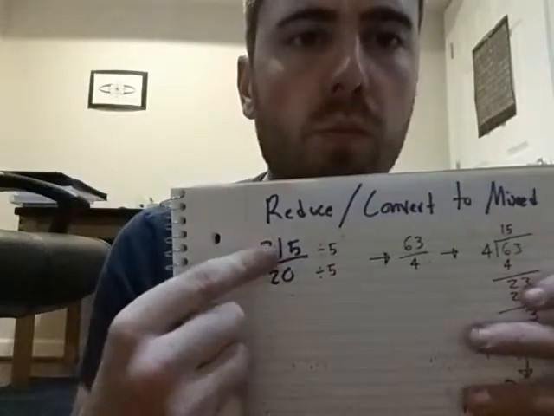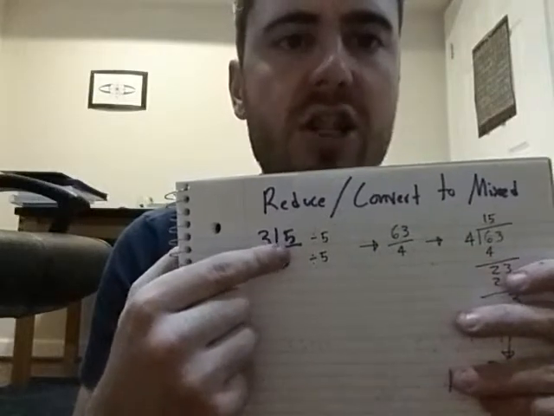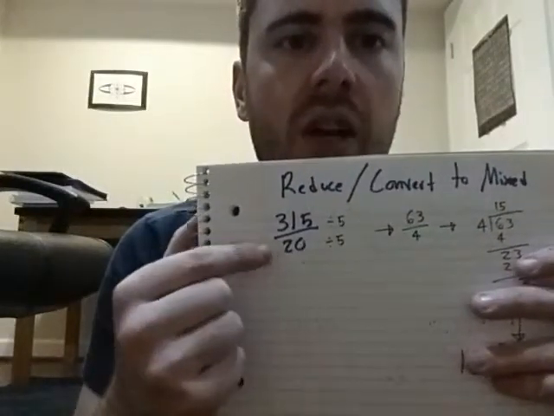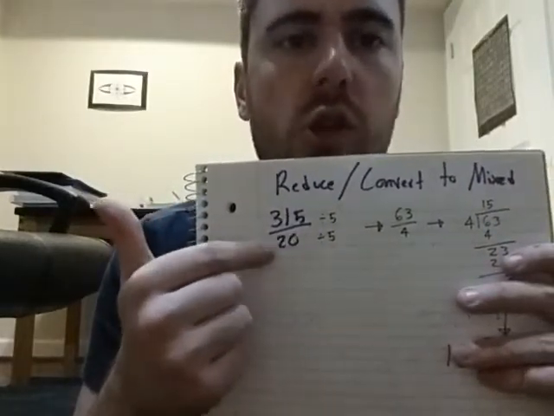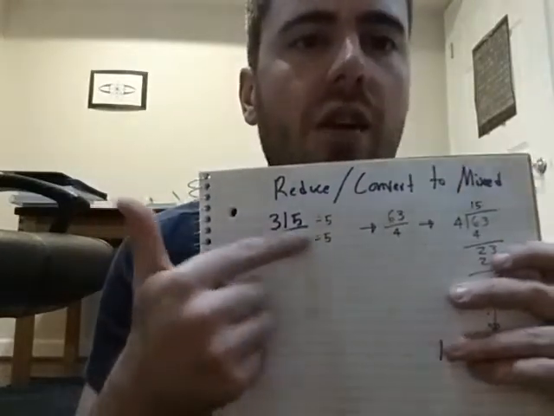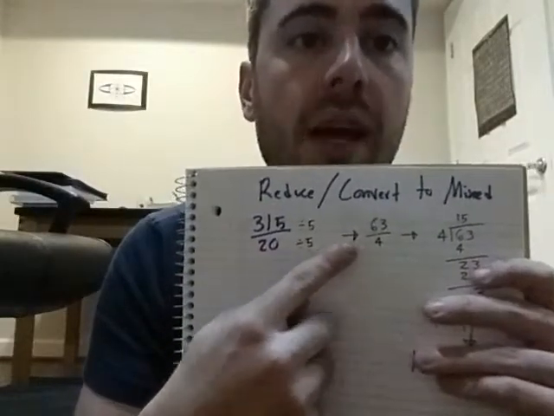315/20. Well, the dead giveaway for me was the 15. I know a factor of 15 is 5. And I know 20 has a factor of 5, because I can divide 20 by 5 to get 4. So I know they both probably share a factor of 5. I'm going to see if I can reduce that. And what do you know?